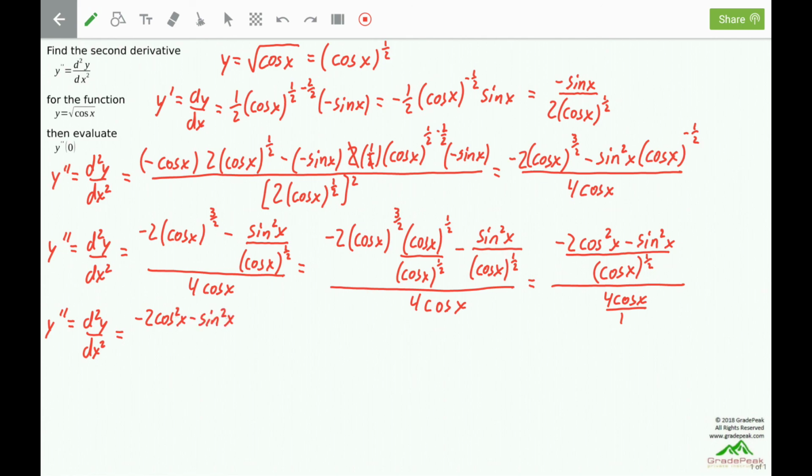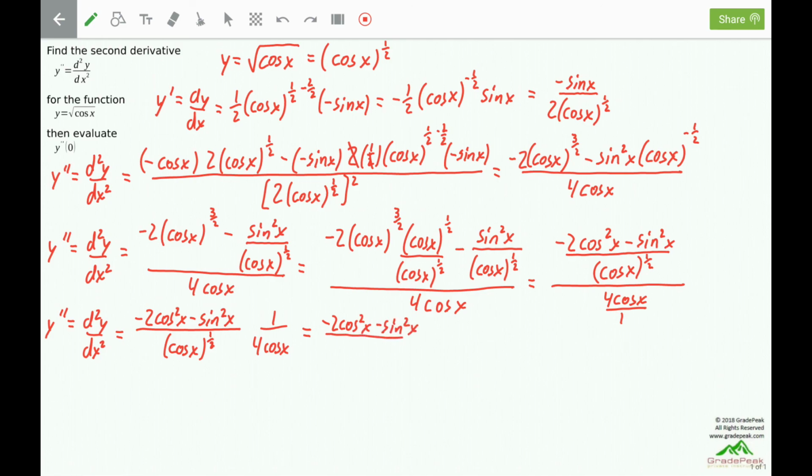We may be able to get the trig Pythagorean identity of sine squared and cosine squared with that. But right now I'm going to reciprocate the denominator fraction and multiply with the numerator fraction. Multiplying the numerators, anything times 1 is the same thing.